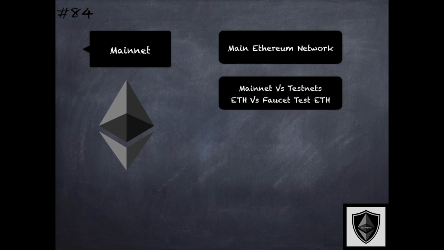While the mainnet uses real ether, the testnets use what are known as test ether, so that you can really simulate the gas, the transfer of value, and so on. And these test ether can be obtained from what are known as faucets.